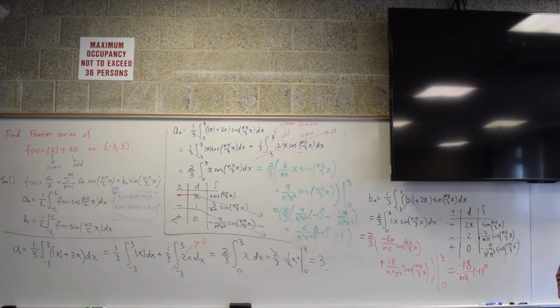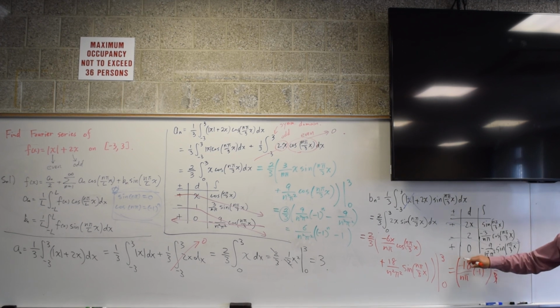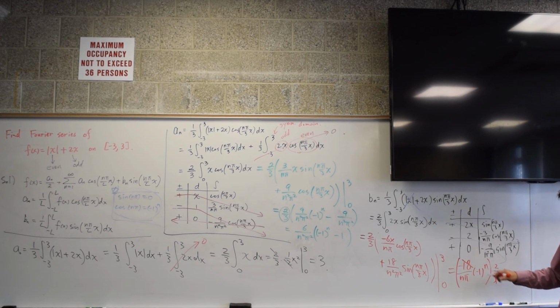Do I have to multiply by 2/3? Oh, did I forget? I keep forgetting that. Don't make that mistake, please. So 3 and 18 cancel, and you get 6. 6 times 2 is 12, so negative 12 over n pi, negative 1 to the nth power.